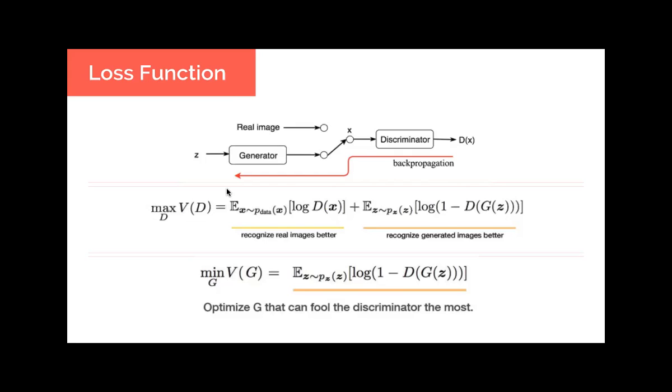So can anybody help me calculate the fake discriminator loss, given 0 and D of G of z? This term is going to disappear because it's 0. What's left is 1 minus 0, which is 1. So we only have the logarithm of 1 minus D of G of z.